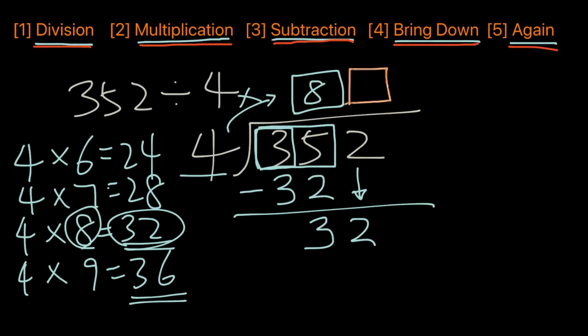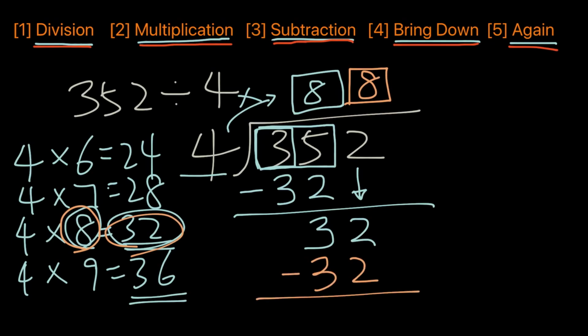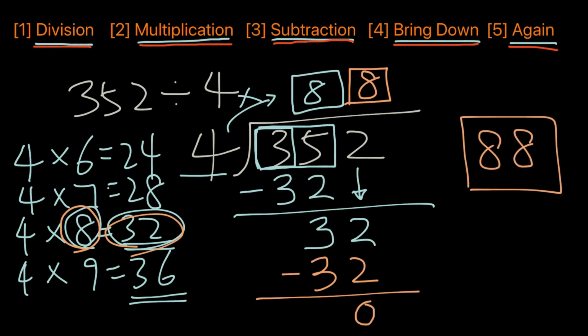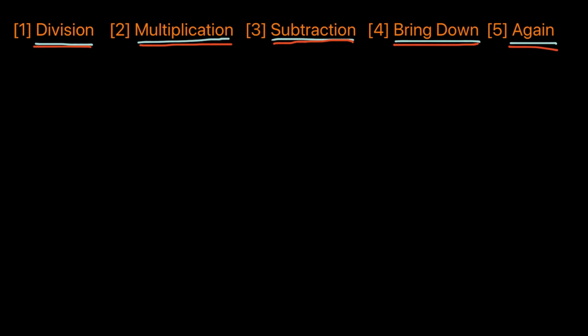By looking at here again, 4 times 8 is 32, and it's just right, so we could plug in 8 and place 32 here, subtract 32 by 32, and we get 0. We will have a 0 as a remainder. That means that the number is perfect. That is the final answer, 88, with no remainder.